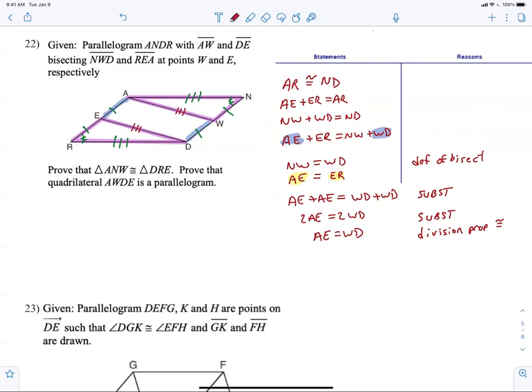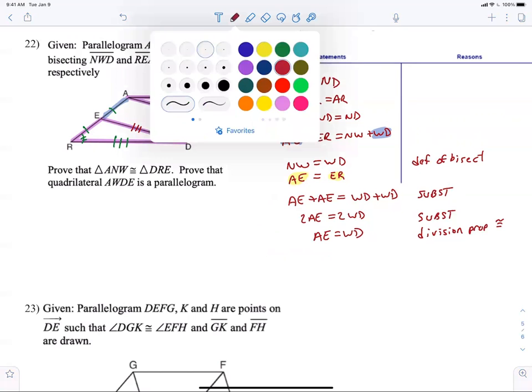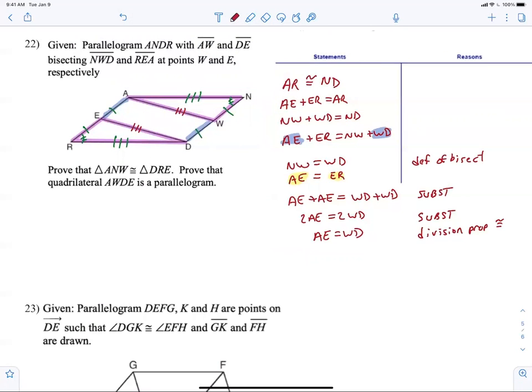Right, so over here, this was AR is congruent to ND. That was the definition of a what? Parallelogram. That was segment addition postulate, substitution, definition of bisect, substitution, division property.